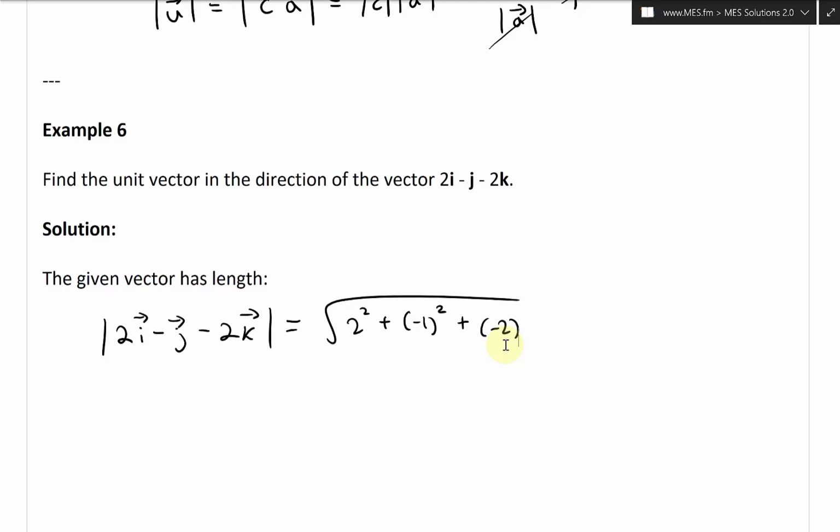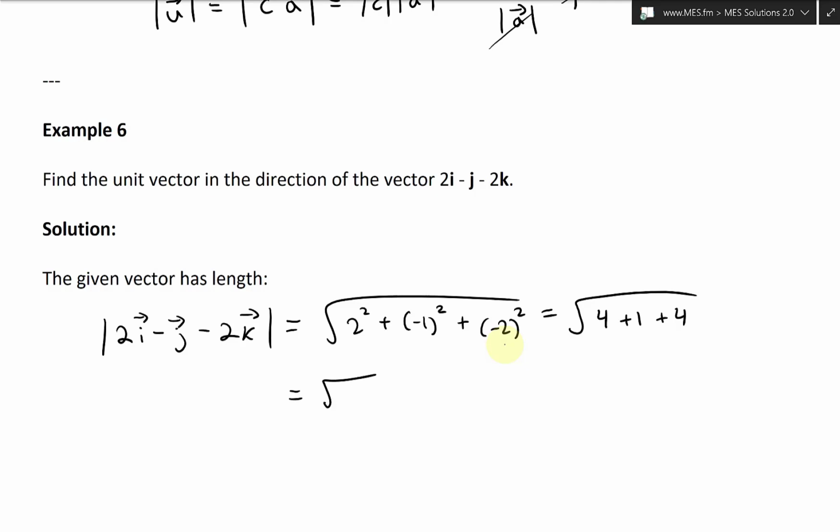Like that. Well, 4 plus 1 plus 4. So -1 squared is 1, -2 squared is 4.